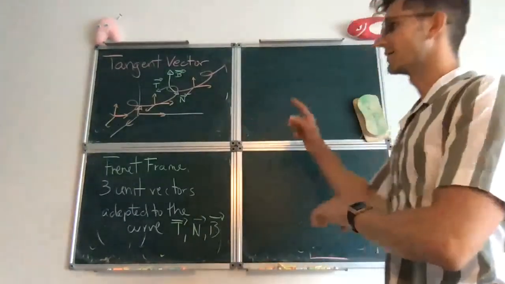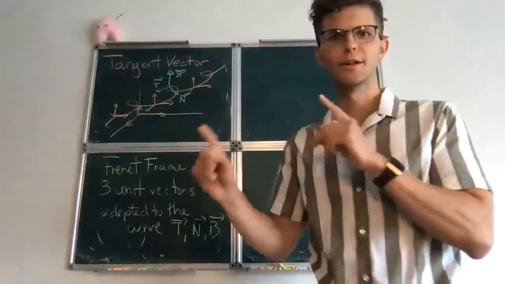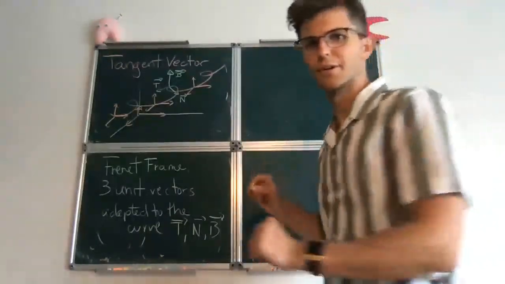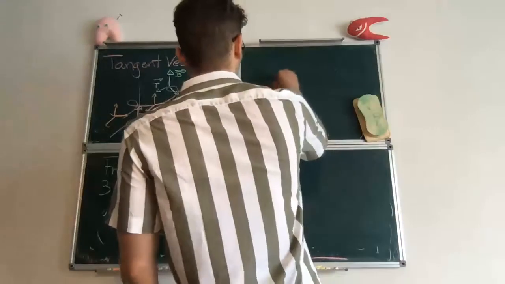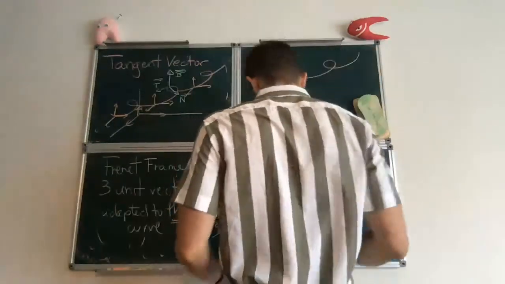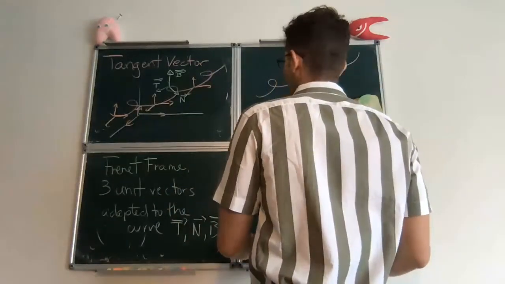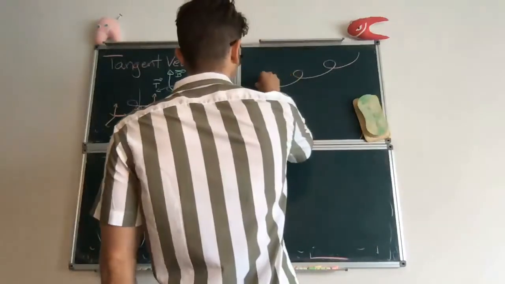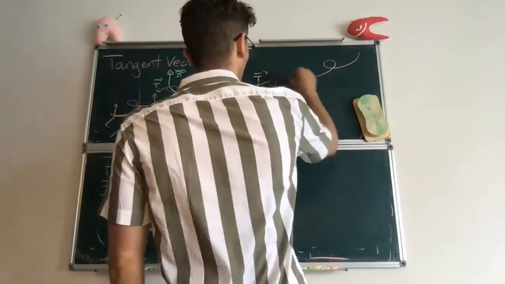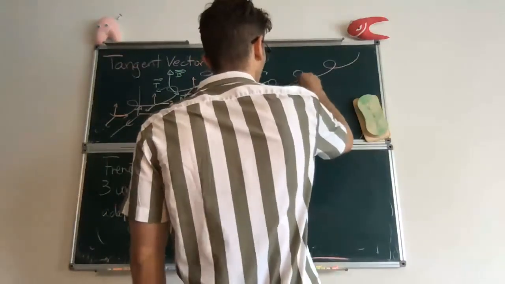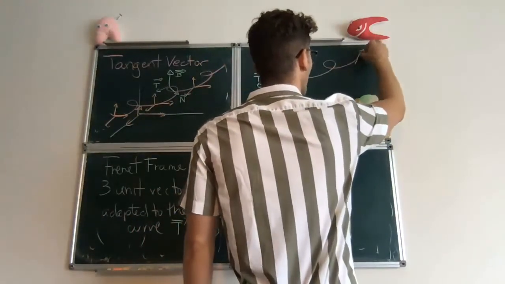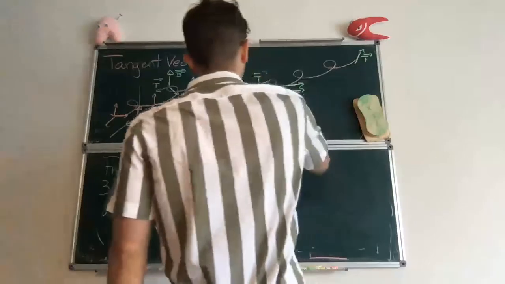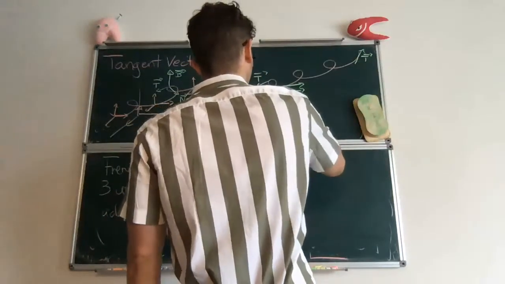As the name might suggest, the tangent vector is supposed to be tangent to the curve. So again, if this is the curve, you want to think of the tangent vector as maybe being here, and then here, and then here. So T will be called the tangent vector.